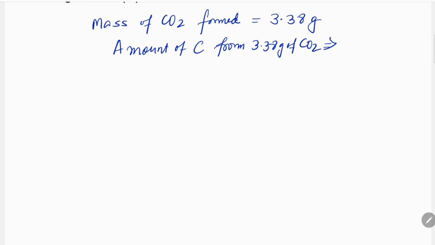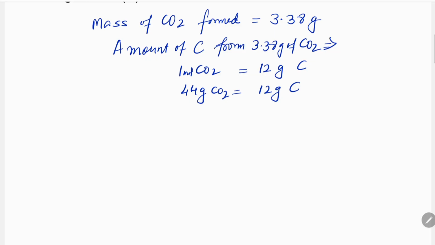How are we going to calculate? It is very simple. Suppose you have 1 mole of carbon dioxide, it will have 12 gram carbon. 1 mole of carbon dioxide weighs 44 grams. So 44 grams of carbon dioxide gives 12 gram carbon.